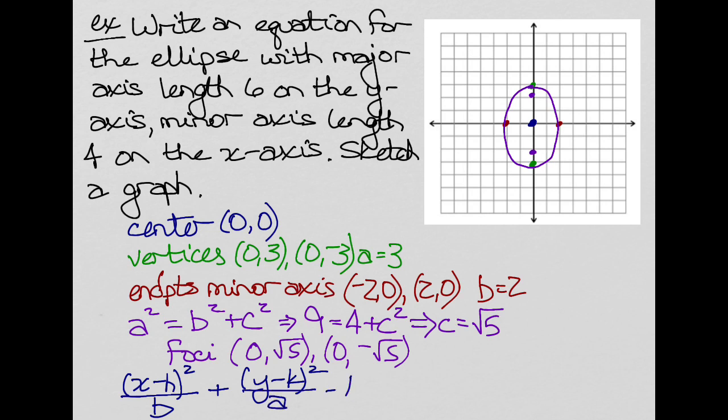And we'll fill in the blanks. This is x minus 0. I'm not going to write x minus 0. That's x squared over b squared. B was 2, so b squared is 4, plus y minus 0 squared over a squared. A was 3, equals 1.